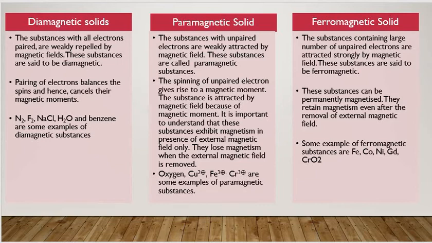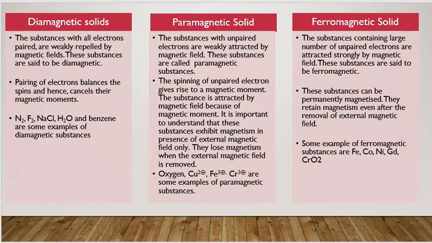These are diamagnetic substances. Paramagnetic solids: the substances which have unpaired electrons and are weakly attracted by a magnetic field. These substances are called paramagnetic substances. The spinning of unpaired electrons gives rise to magnetic moment.